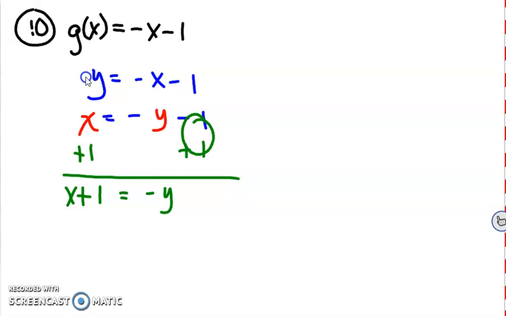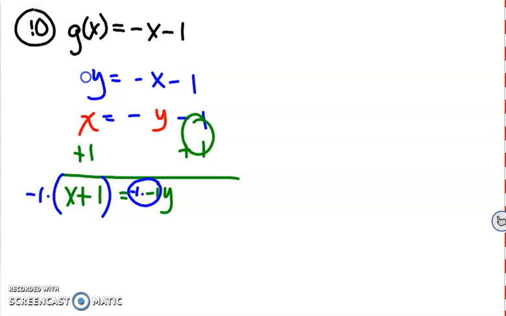And this is a negative 1, so we have two choices here. We can multiply both sides by negative 1, or we can divide both sides by negative 1. I'm going to choose to multiply by negative 1. I want to emphasize here that by doing multiplication by negative 1, the multiplication will actually get done to both the x and the 1.